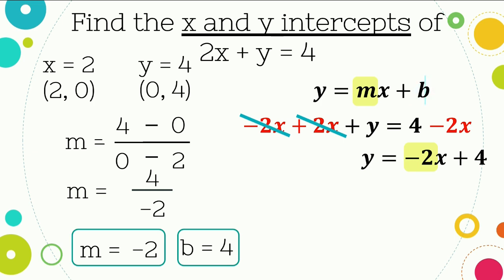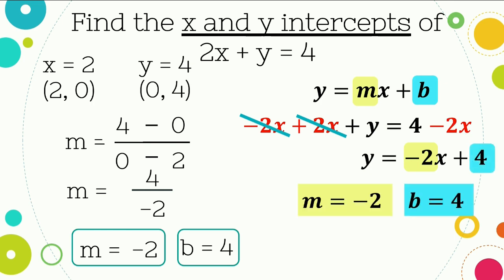For our b, that is positive 4. So, we will have m as negative 2, or slope is negative 2 and b is positive 4. Same siya doon sa kinuha natin kanina noong gumamit tayo ng slope formula.